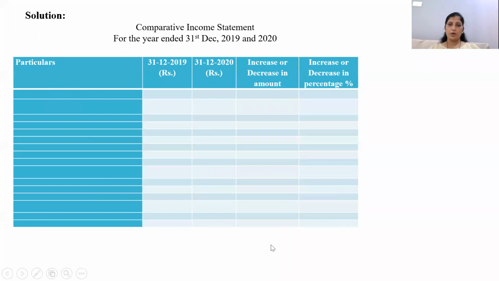Make 5 columns. First one is particulars. Second one 31st 12 2019. Third one 31st 12 2020. Increase or decrease in amount. Next one is increase or decrease in percentage.